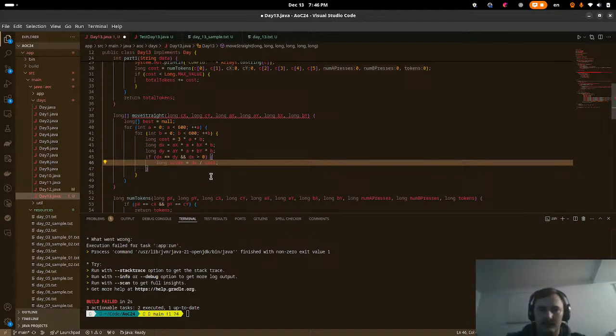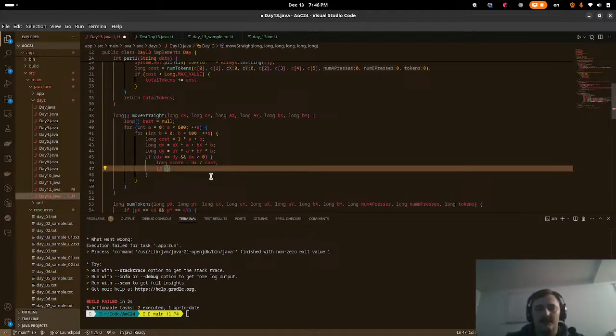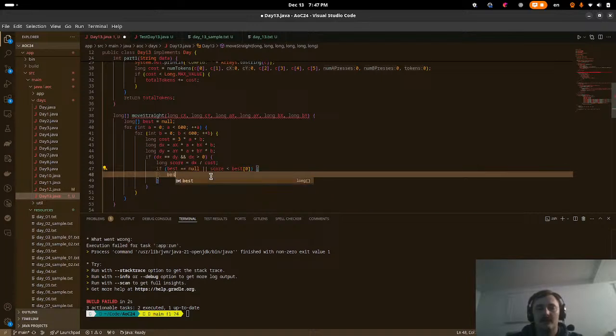And then if best is null or score is less than best 0, then best equals score, AB, cost, delta X. So we're only considering when they're equal to each other.